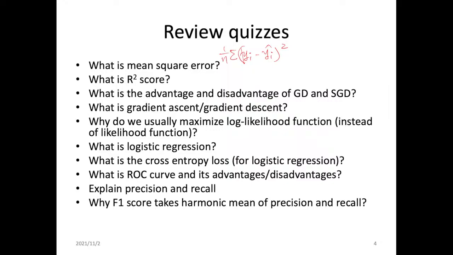So if either one of them is very small, the entire F1 score will be small as well. We don't want one of them to be very small and the other very large. That usually means something goes wrong. We want both precision and recall to be not too small. And only in that case, your F1 score will not be too small.